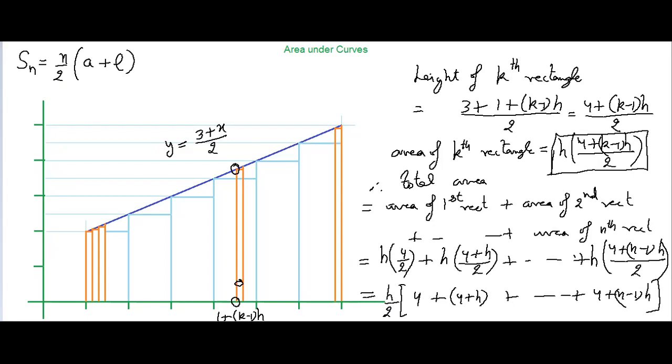So this sum can be written as h by 2 into, number of terms n into the first term, that is 4, and the last term it is 4 times n minus 1 h.